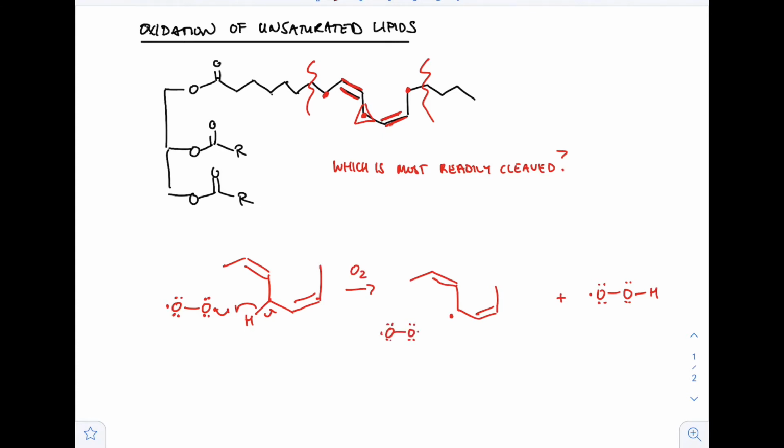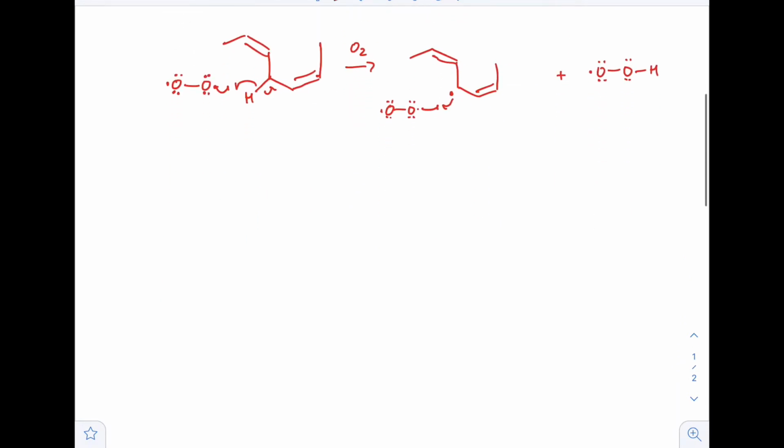And if we had oxygen still present, which we would, for a lipid just sitting on the counter of our kitchen, another oxygen molecule can come along and react with that allylic radical. Once it reacts with the allylic radical, then we've got this species right here, this peroxy radical. Let me write that for you. Peroxy radical.